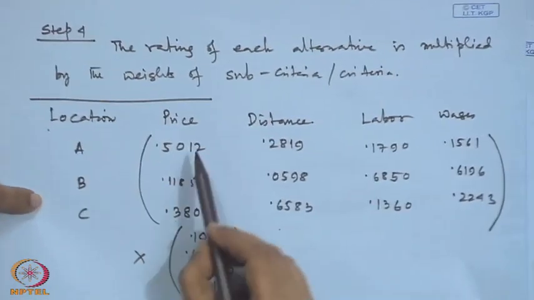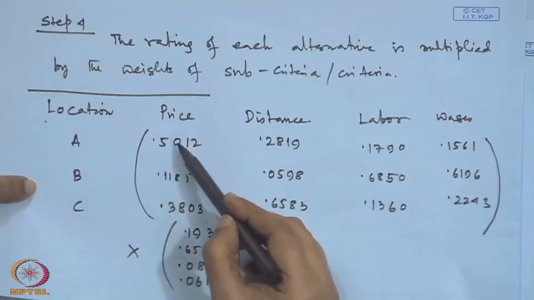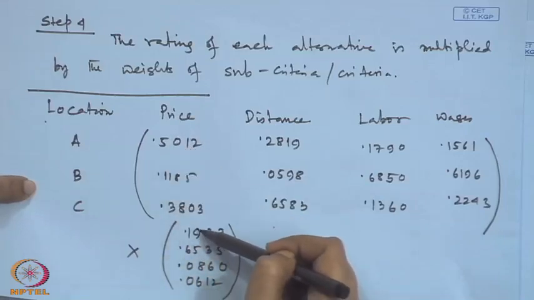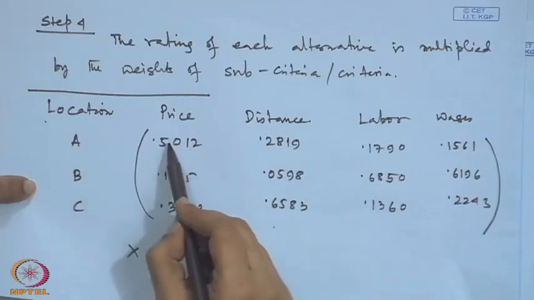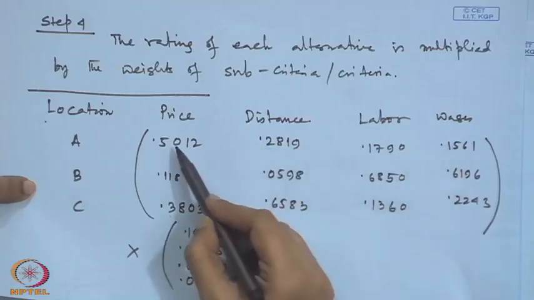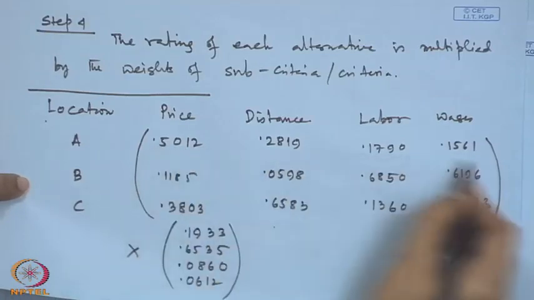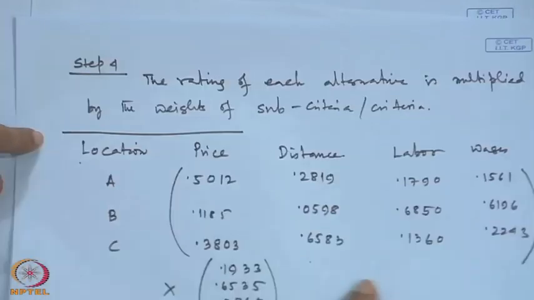That means we are multiplying the priorities of each criteria with the priority vector, that is, multiplying this row and this column. Thus, we get the values in this way.